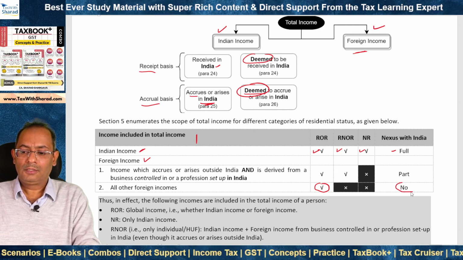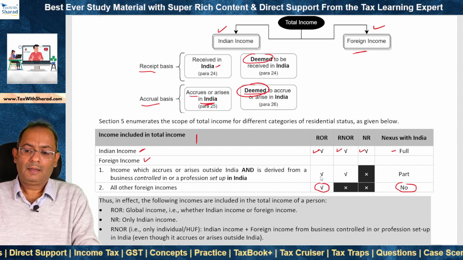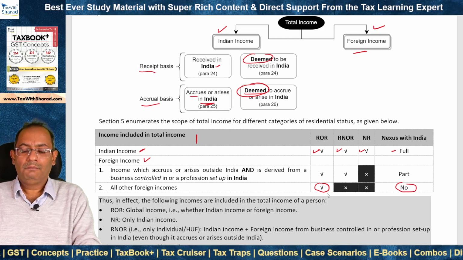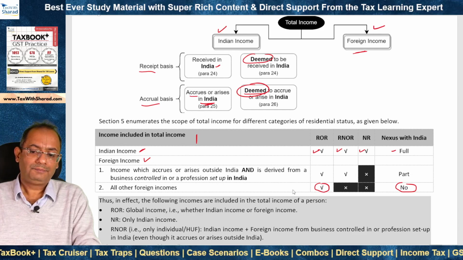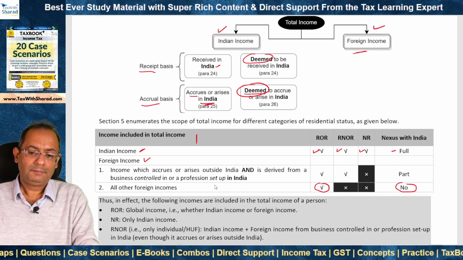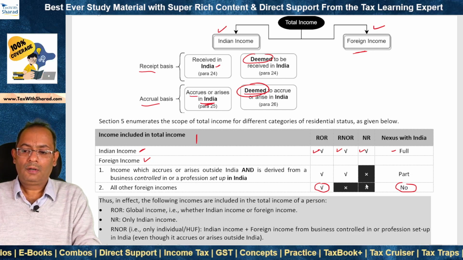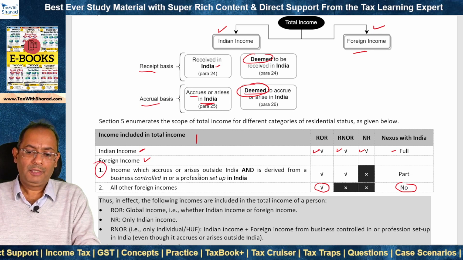Why? Because it does not have a nexus with India, because it is foreign income. But it is taxable in the hands of a ROR, because by virtue of the residential status, a ROR has a strong nexus with India. And therefore, the global income of a ROR gets taxed in India. So the foreign income is not taxable in the hands of RNOR or a non-resident. However, there is an exception. What is the exception?